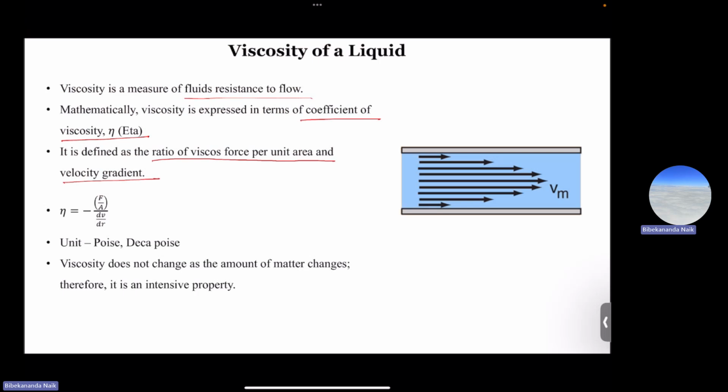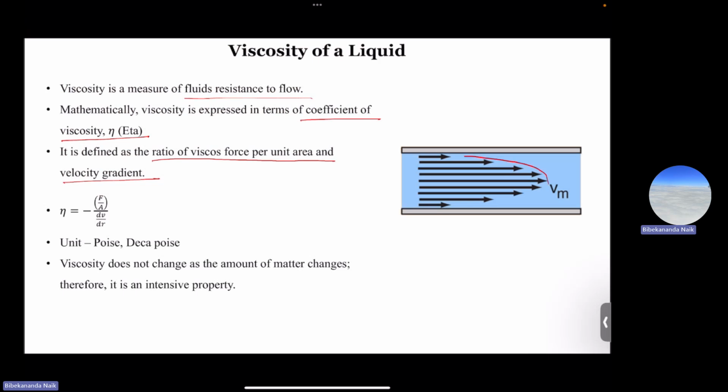We know whenever there is a flow of a liquid through a tube, the velocity at the center of the tube is maximum. Because fluid flows in different layers, the layer present at the center of the flow has maximum velocity, and the velocity starts decreasing as we move away from the center.